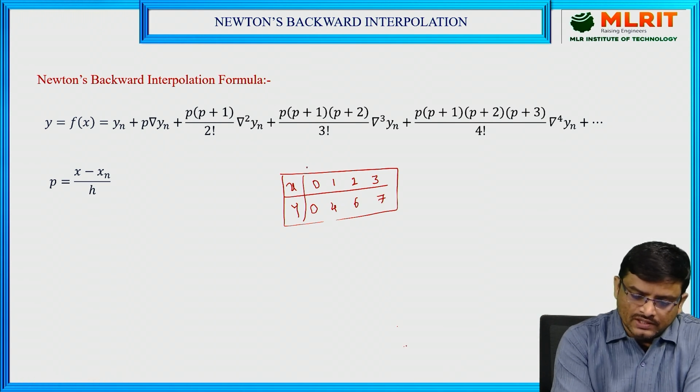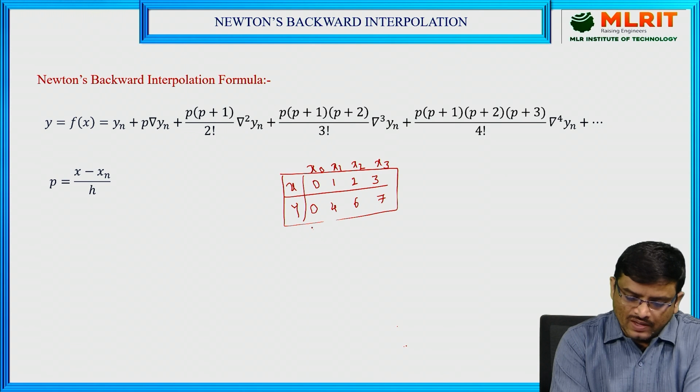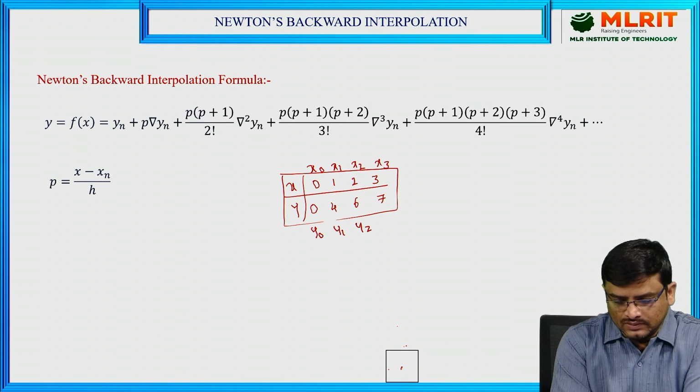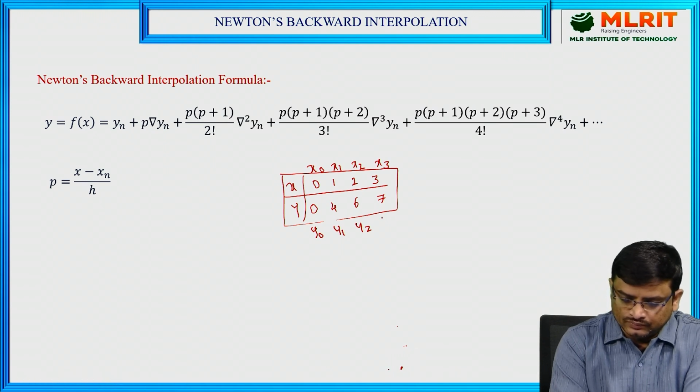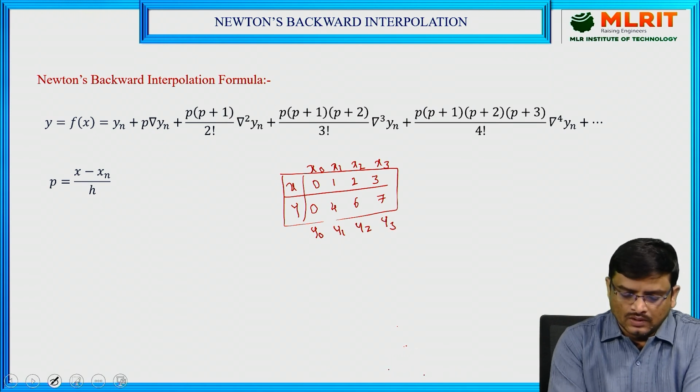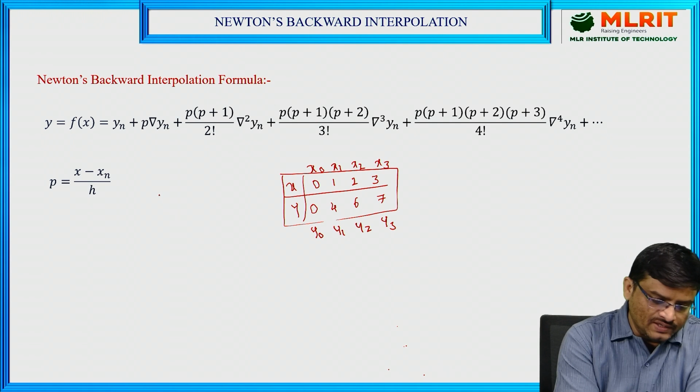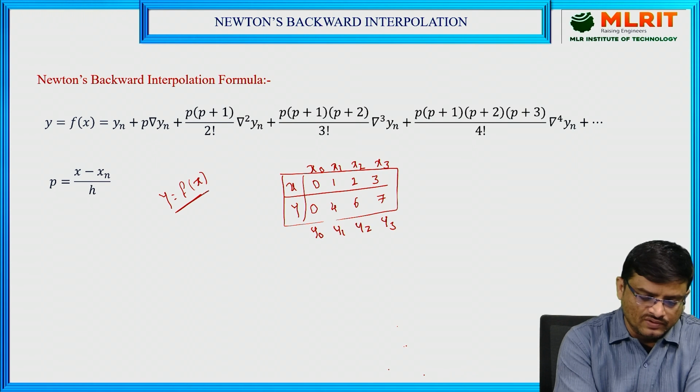In general these x values are represented with x0, x1, x2, x3, and the corresponding y values with y0, y1, y2 and y3. We don't know the function, so let us consider that function as f of x. y is equal to f of x.